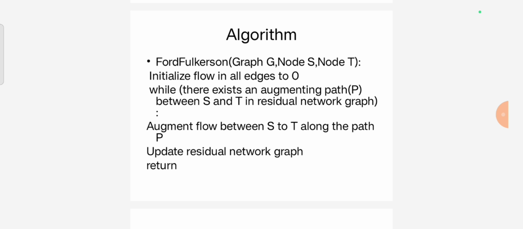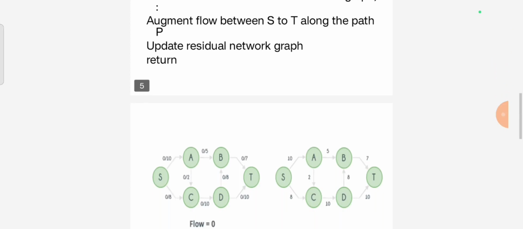While there exists an augmenting path P between S and T in the residual network graph, it augments the flow along the path P, updates the residual network graph, and repeats. This is the process.